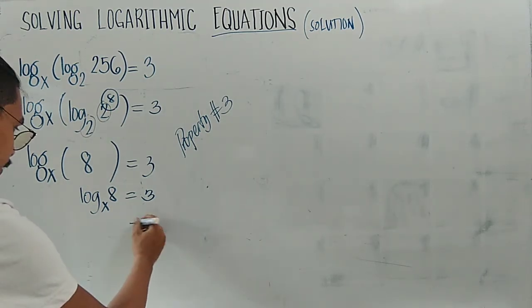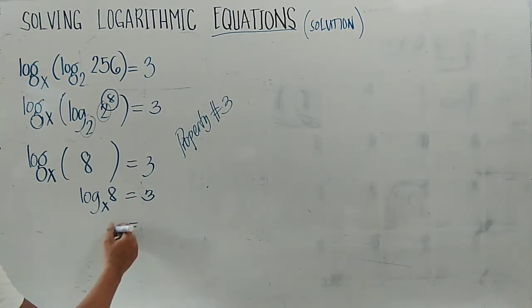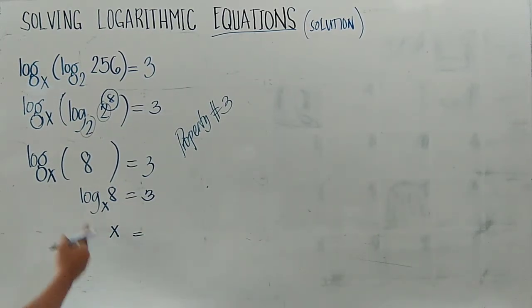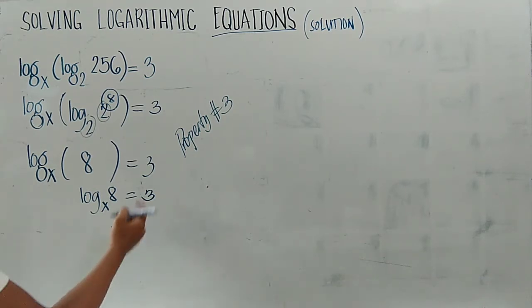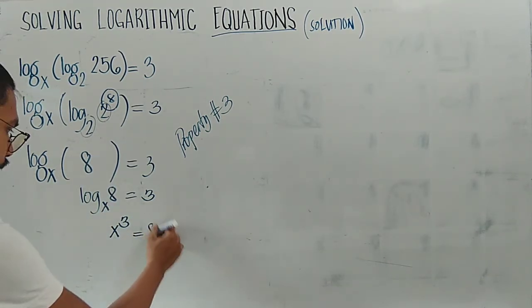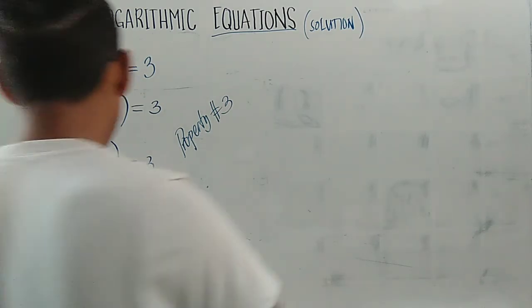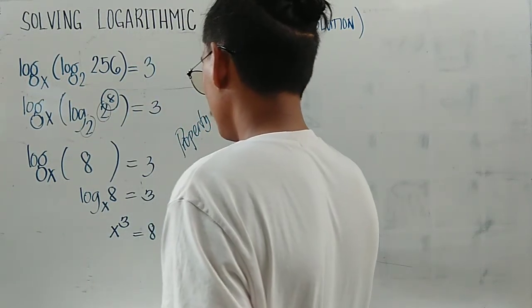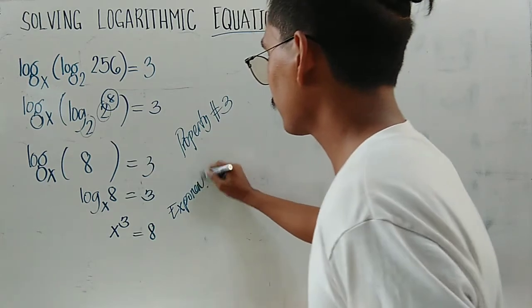Now let us write it in exponential form. Our base here is x. Then the answer of the logarithm is 3, and that 3 is the exponent, equal to 8. So we have written it in exponential form.